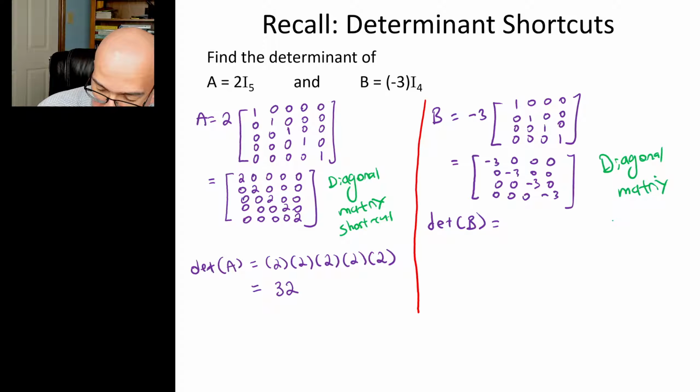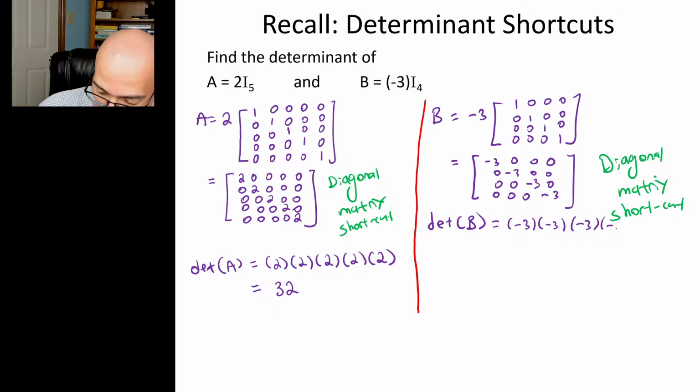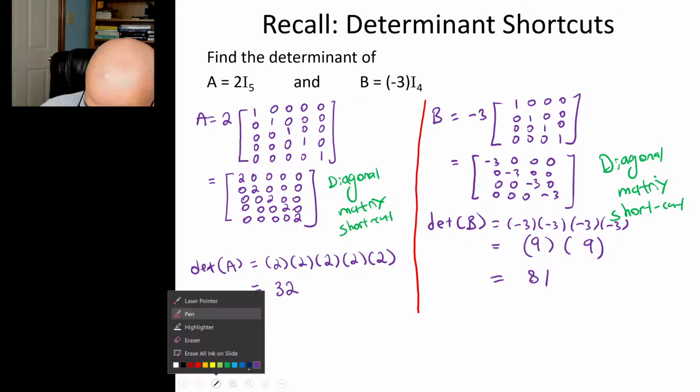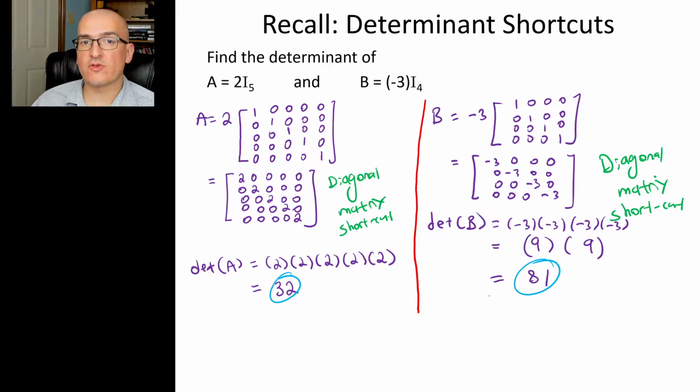So we can use the diagonal matrix shortcut, which is the determinant will be the product of the terms along the diagonal. So we will have negative 3 times negative 3 times negative 3 times negative 3, which is 9 times 9, which is 81. So those are the answers for the first two, done using a shortcut, but not the shortest of the shortcuts. There's actually a shorter shortcut, we'll see later.